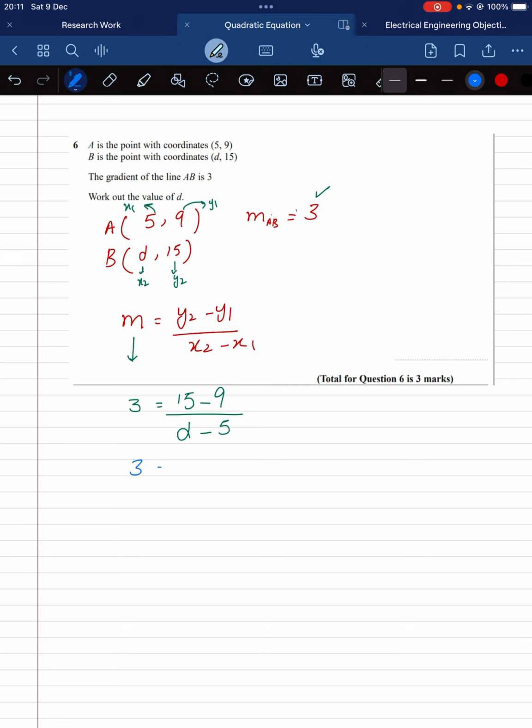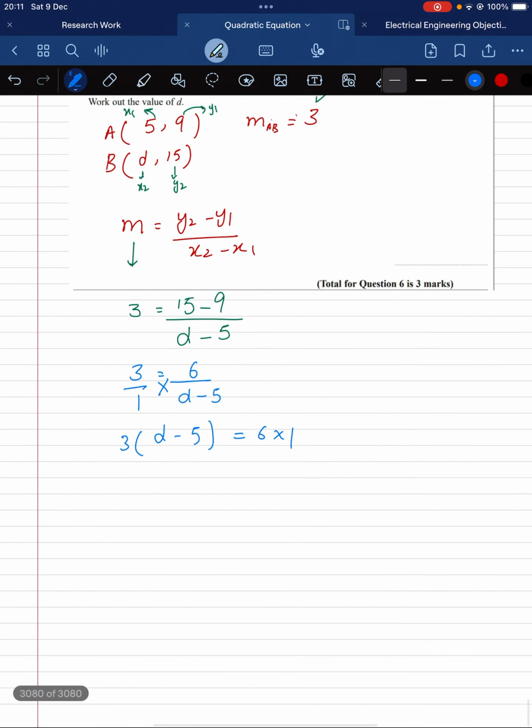So 3 is equal to 15 minus 9, which is 6, over D minus 5, and now we cross multiply. So 3 times D minus 5 is equal to 6 times 1, and 3D minus 15 is equal to 6.